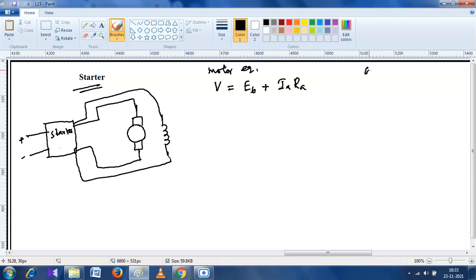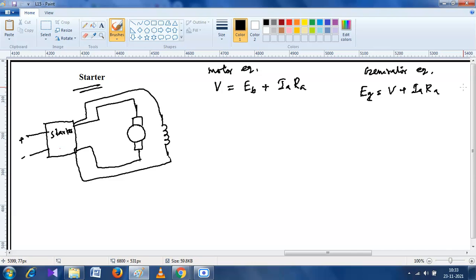And what is the generator equation? Eg is equal to V plus IaRa. When we discuss the equivalent circuit of generator and motor, at that time we write these two equations.